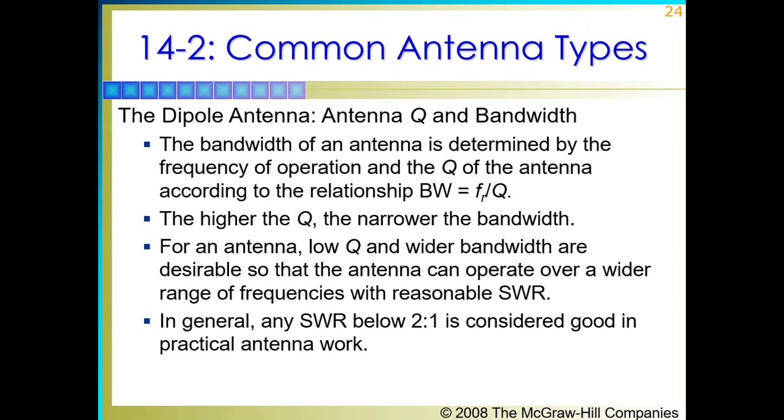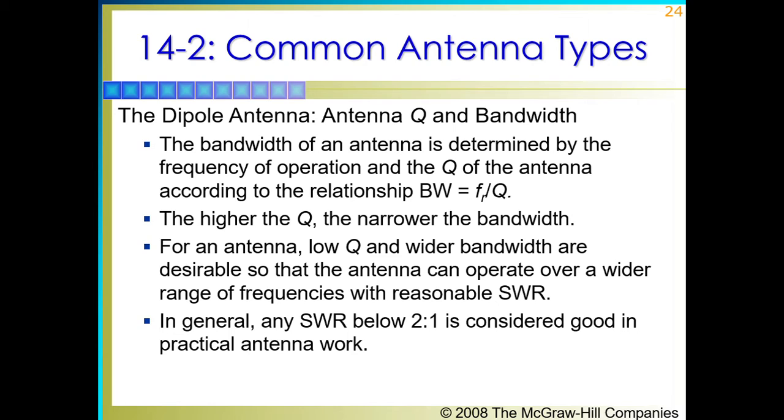The bandwidth of an antenna is determined by the frequency of operation and the Q of the antenna according to the relationship BW equals FR over Q. Although it is difficult to calculate the exact Q for an antenna, as the above relationship shows, the higher the Q, the narrower the bandwidth.